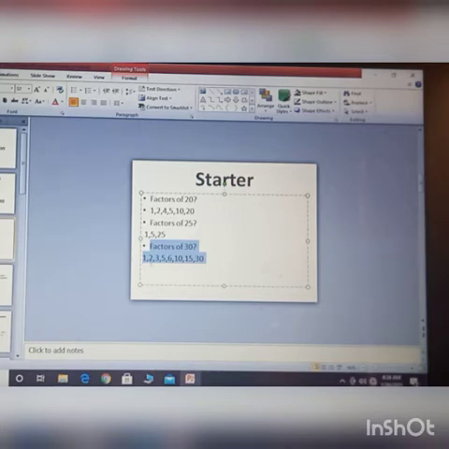All the factors will be coming within this range. No factor of 30 will be exceeding 30, that is the number itself. And you can see 1 30 times, 2 15 times and so on. So these are all the factors of 30. I hope with this example you have understood the meaning of factors of a number.